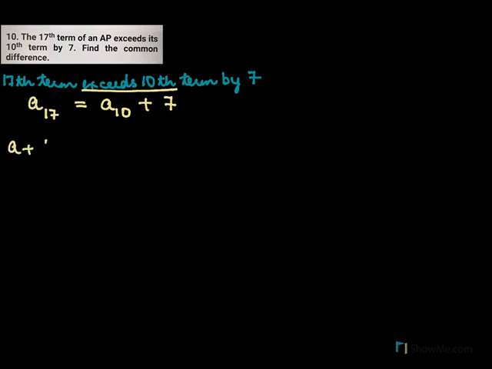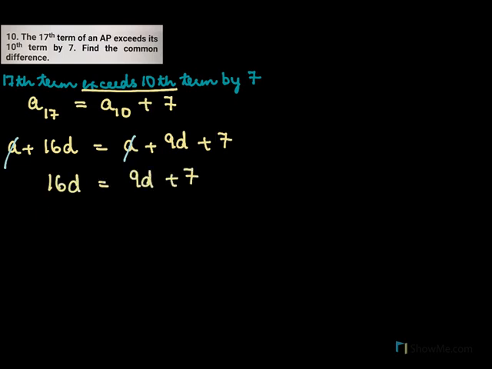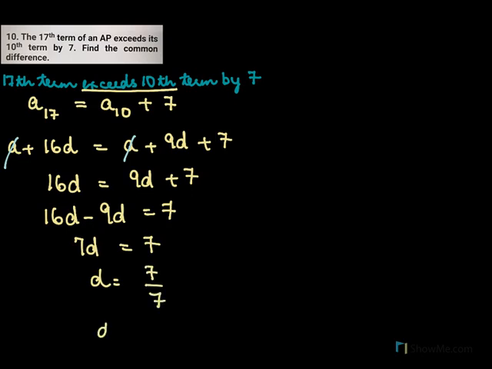Now what is the 17th term? a plus 16d. 10th term a plus 9d plus 7. So the a will cancel on either side, and I have 16d equal to 9d plus 7. So 16d minus 9d equals 7. Now 16d minus 9d is 7d equals 7. So d equal to 7 by 7. So d equals 1.